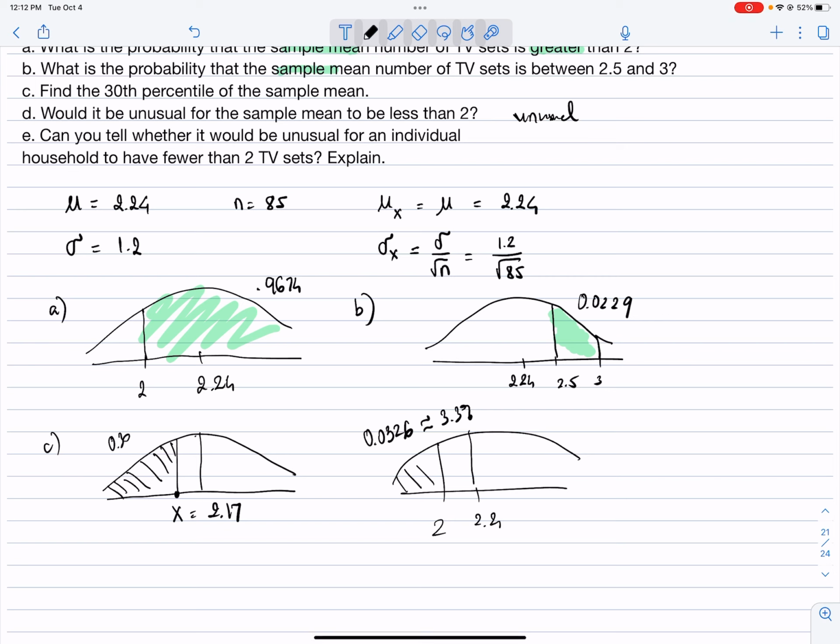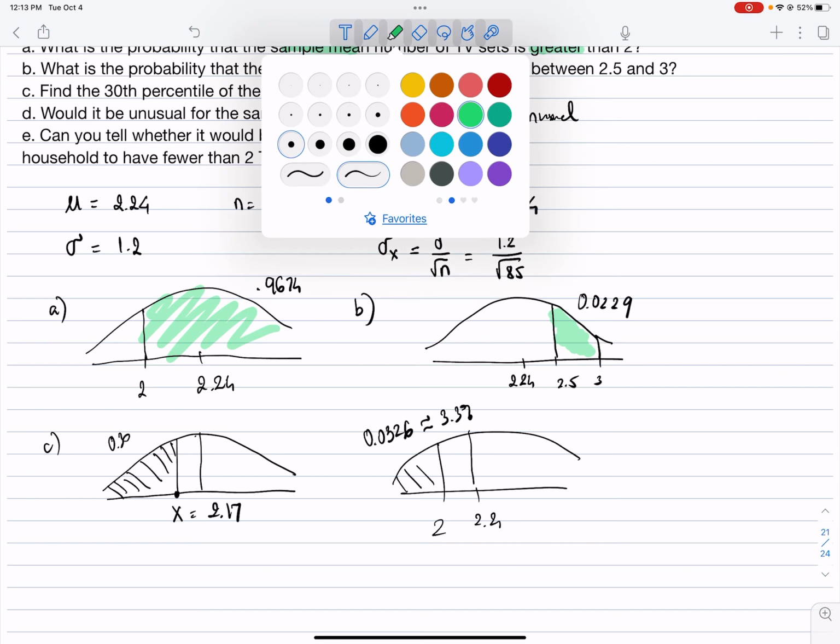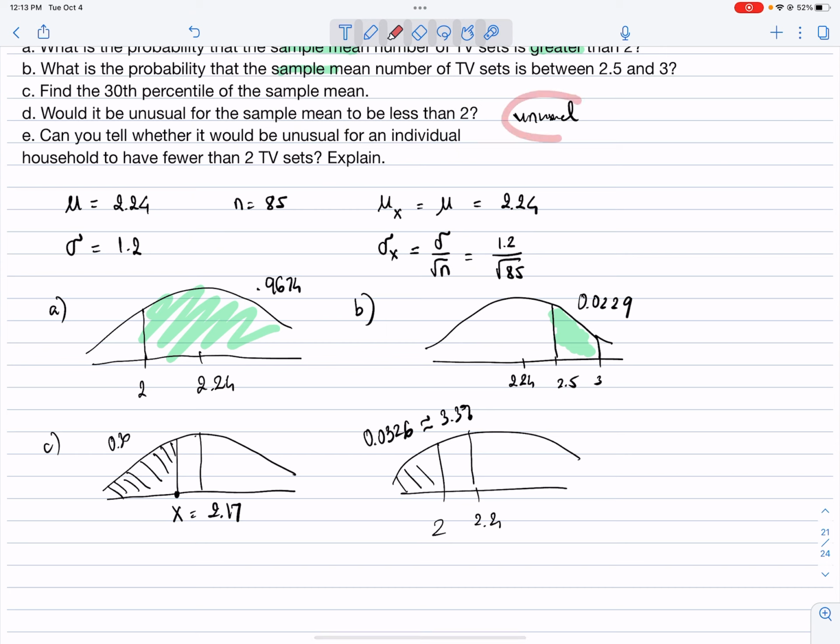For part E, can you tell whether it would be unusual for an individual household to have fewer than 2 TV sets, and explain. Go back to problem D. We have the answer that the probability of a family having fewer than 2 TVs is unusual, because the percent is very low, like 3 point something.